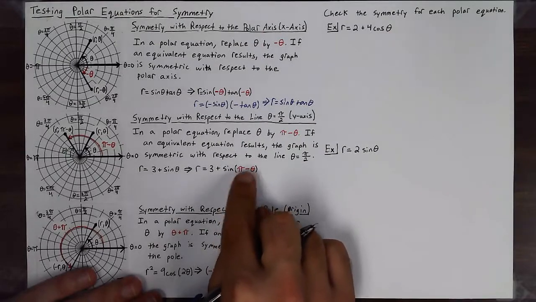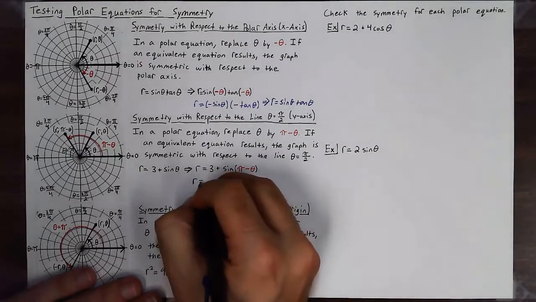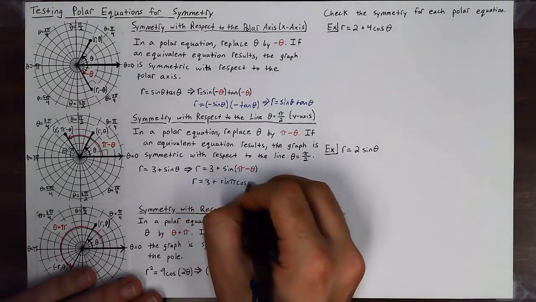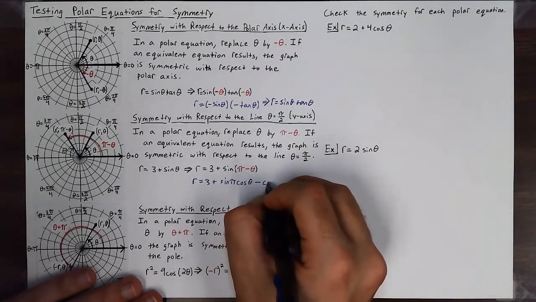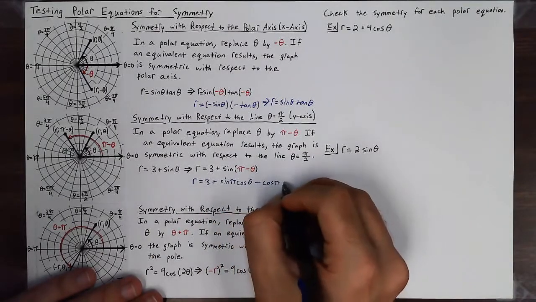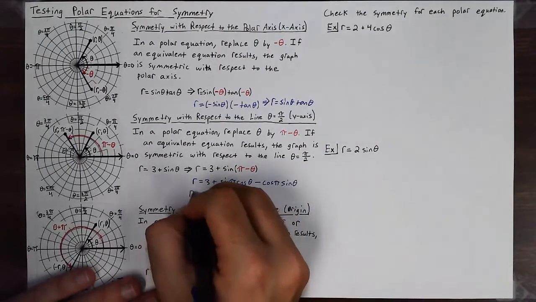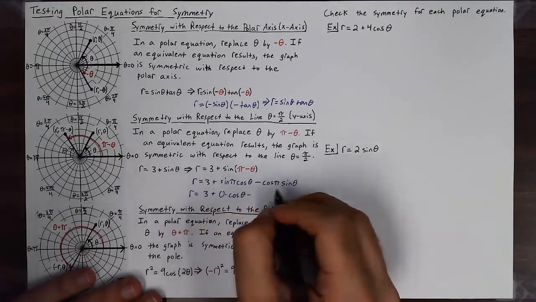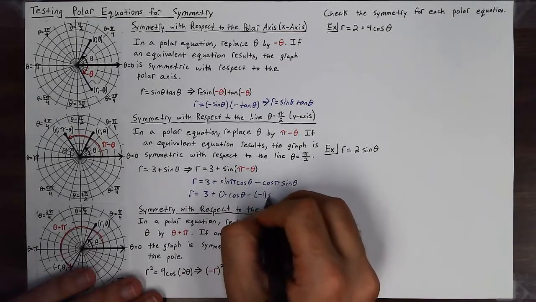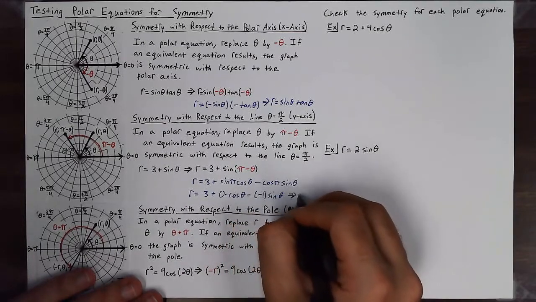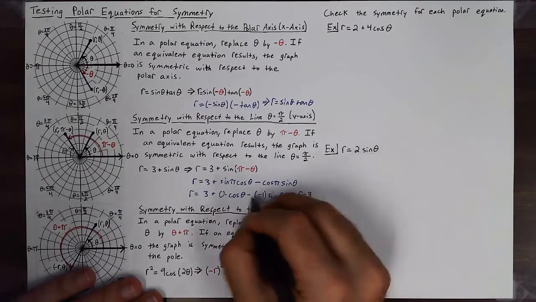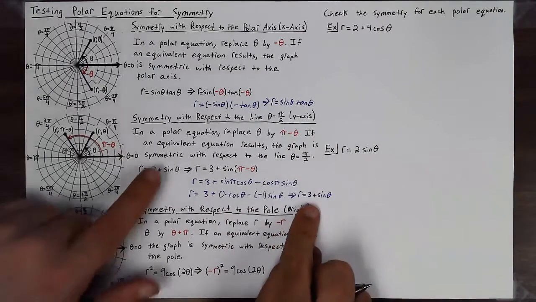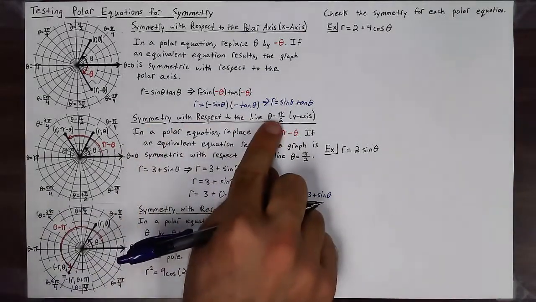Well, we just use the difference formula for sine, which means that this could be rewritten as 3 + sine of pi cosine of theta minus cosine of pi sine of theta, which gives me 3 + (sine of pi is 0) minus (cosine of pi is negative 1) sine of theta, which gives me r = 3 + sine of theta, which is the same. So I know that's symmetric about that line.